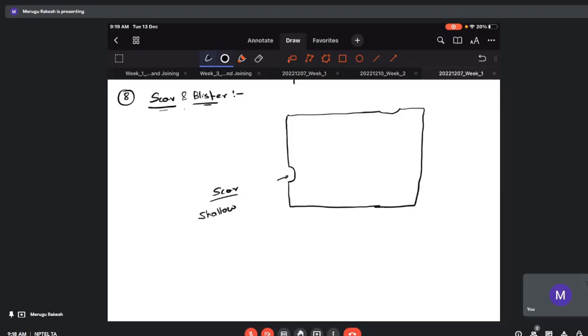Scar is a shallow depression, whereas if it is a little deeper, we call it a blister. Okay. So the reason being excess water vapor.